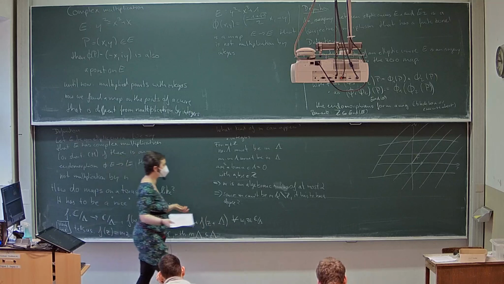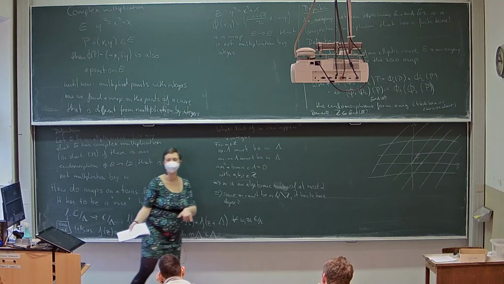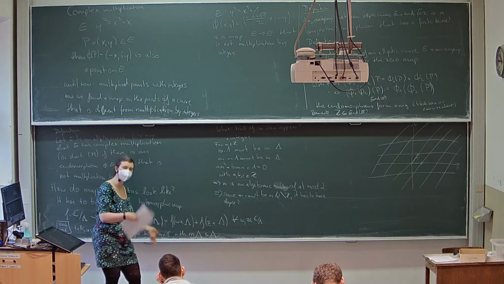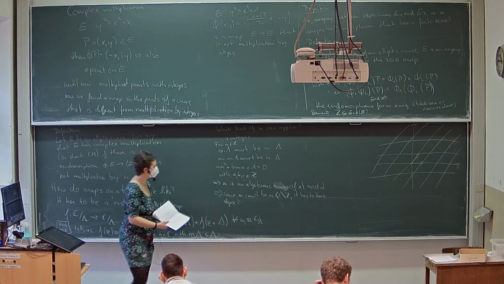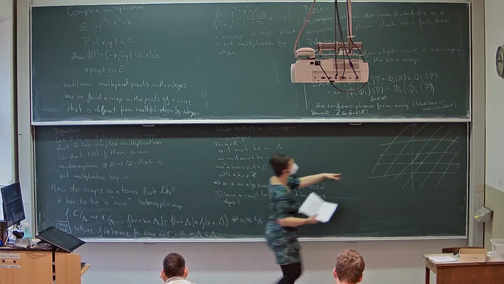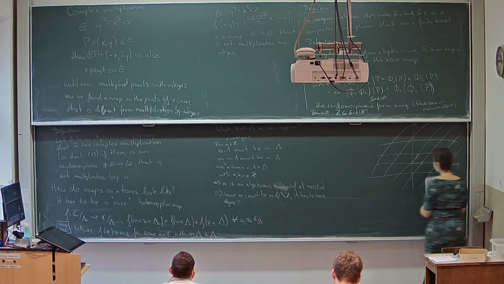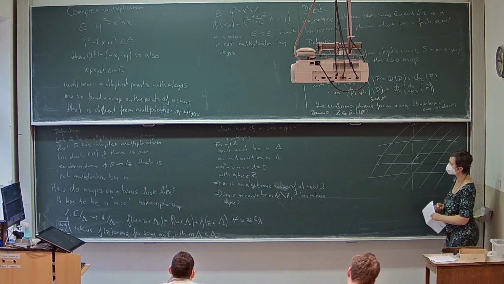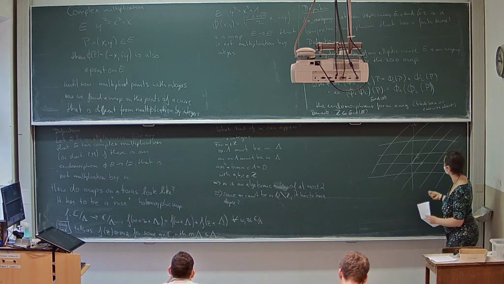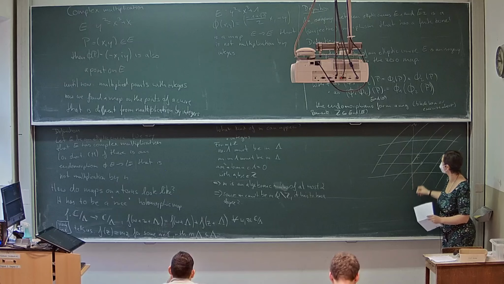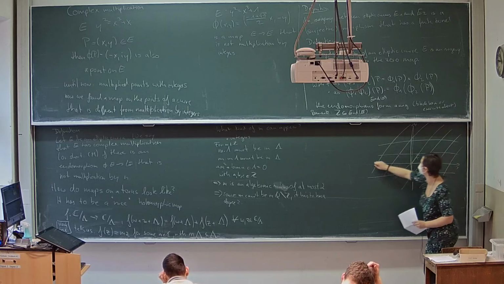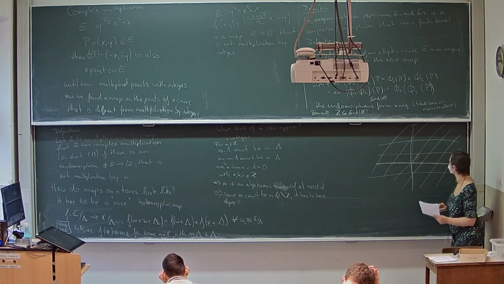So it has degree 2, but the next question would be, is it always complex, or can it also be a real number? Okay, so let's go to the picture and try to think about what happens if m is a real number. Well, this is the imaginary axis, and this is the real axis.